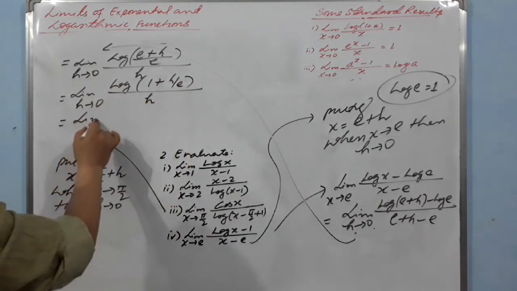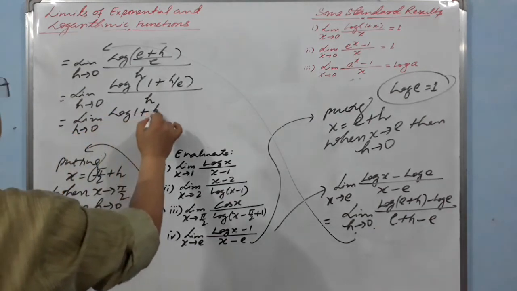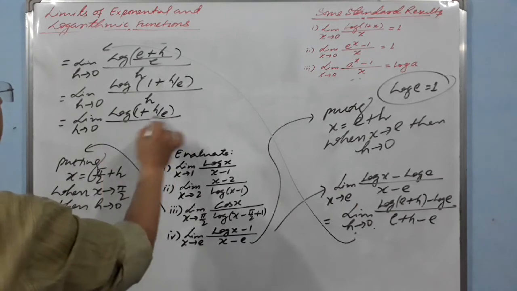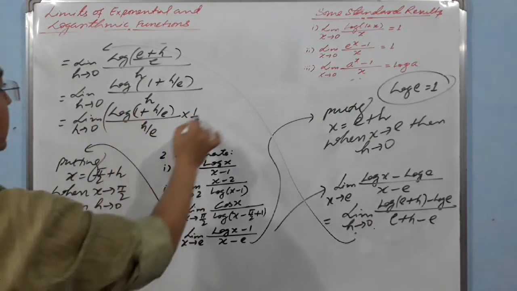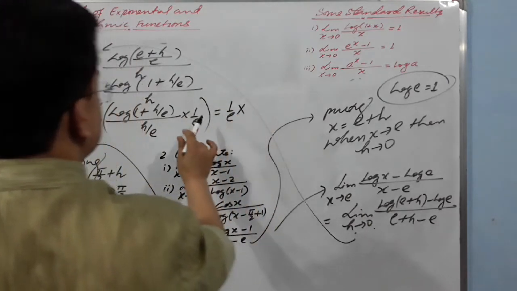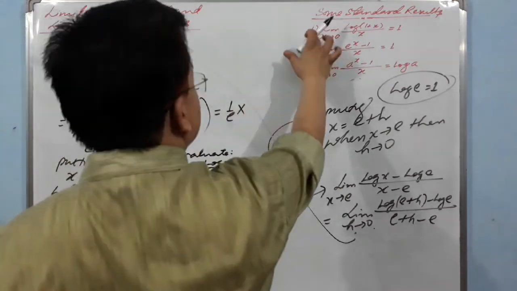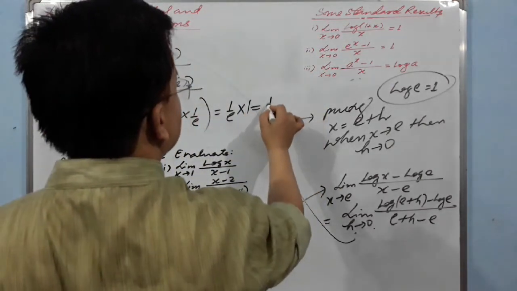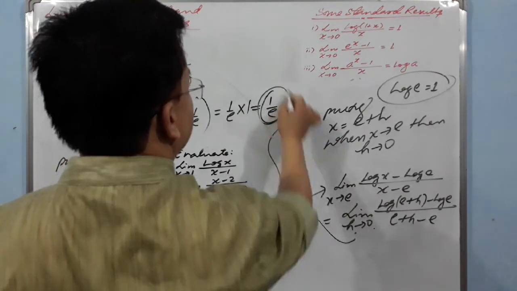So e is constant, be careful everybody. For log of 1 plus h by e, we need h by e, so multiply by 1 by e. So it is 1 upon e times this limit as h tends to 0, which is the first result. You can write down 1 upon e. This is the limit of this function.